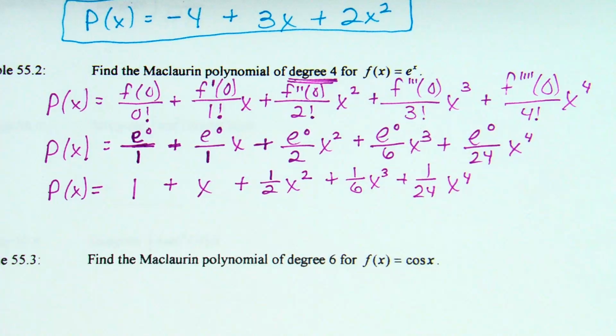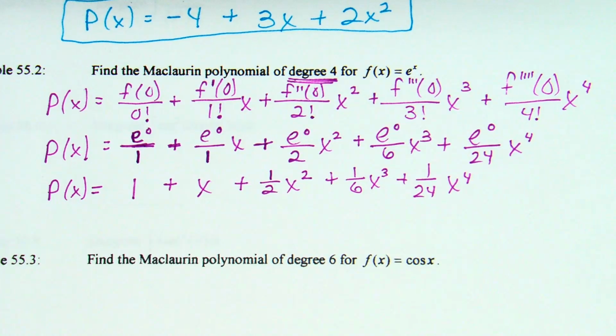Now, okay, what do I have boxed here? Well, look at it, guys. Do we have a polynomial now? It's multiple x terms added, right? So this is a polynomial. We have written a polynomial.